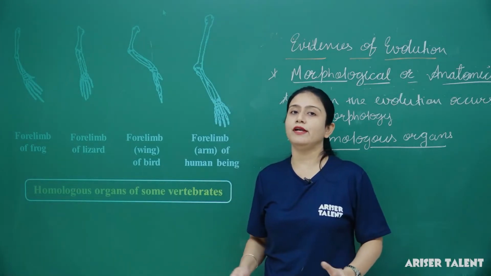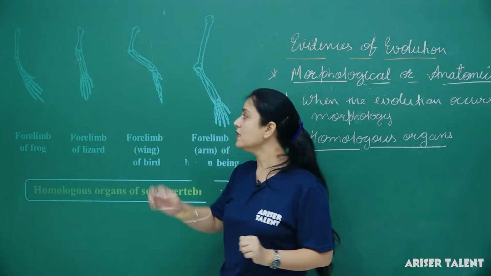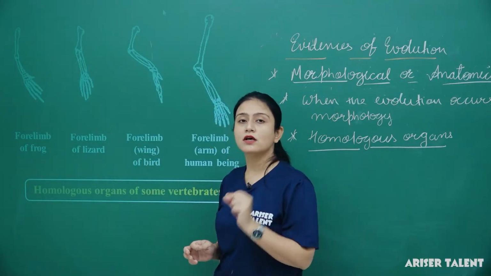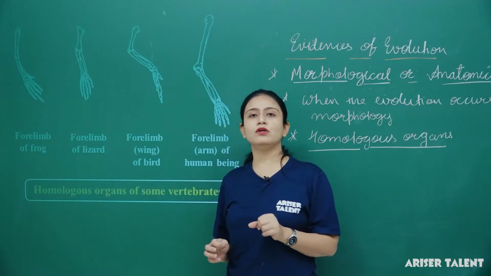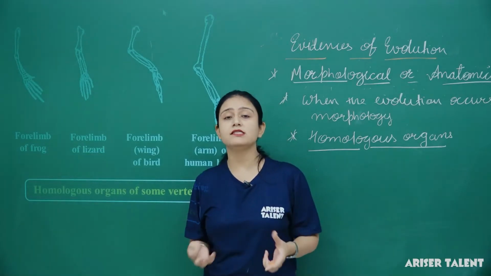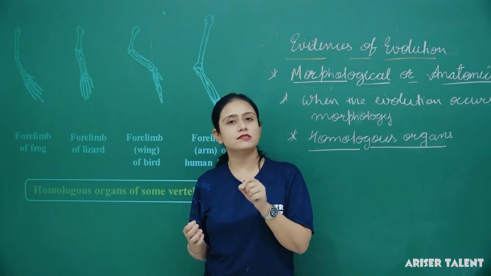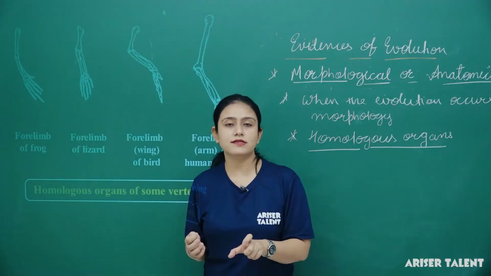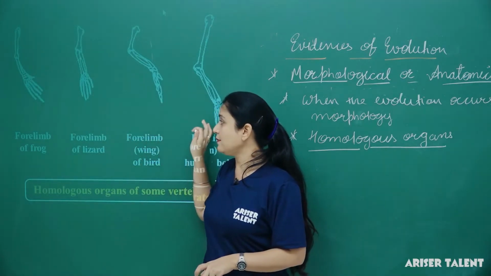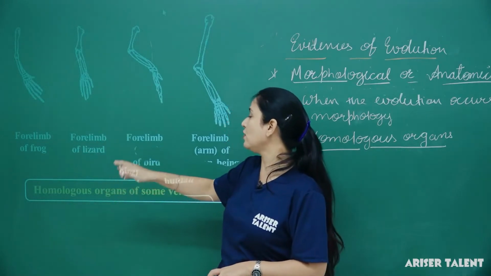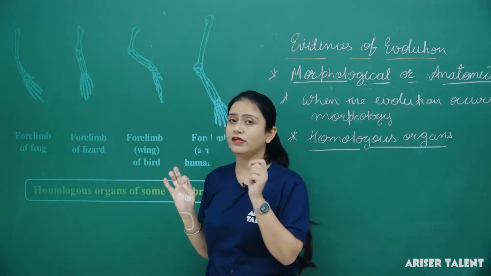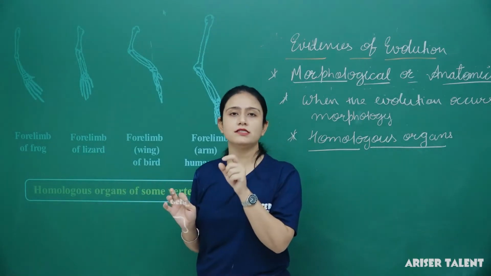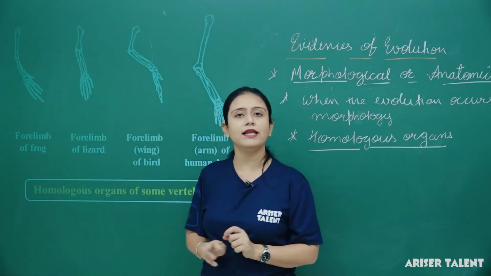They appear different and perform different functions, then they are known as homologous organs. Clear? So what are homologous organs? Homologous organs means their basic structure, their origin, is the same. Here, looking at the picture of forelimbs of frog, lizard, bird and human being, we can understand that their origin is the same because they all have pentadactyl limbs.